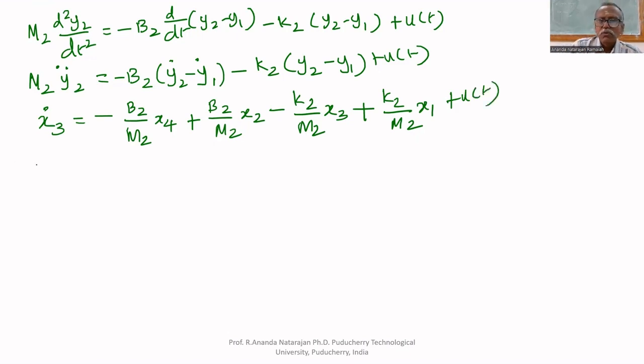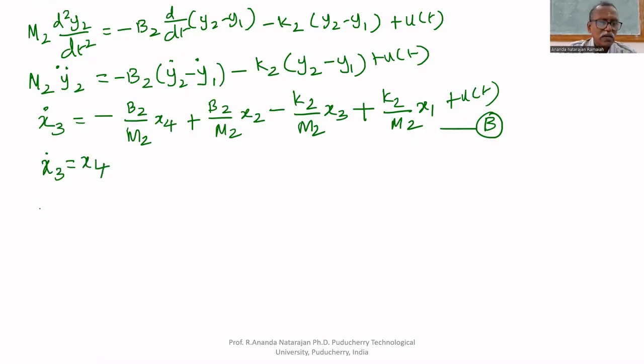So now this is equation B. Already we have one equation, x3 dot equal to x4.